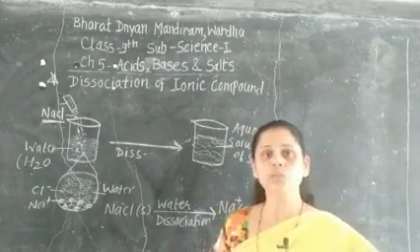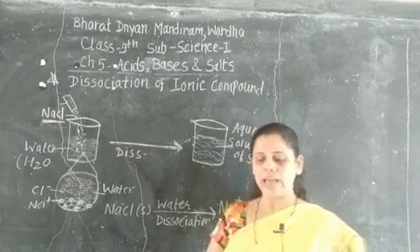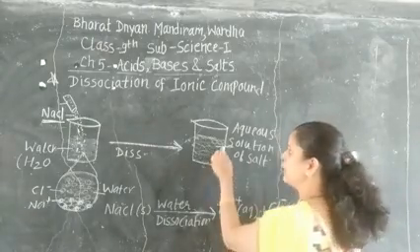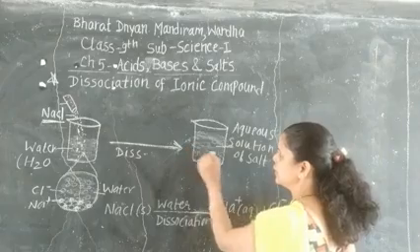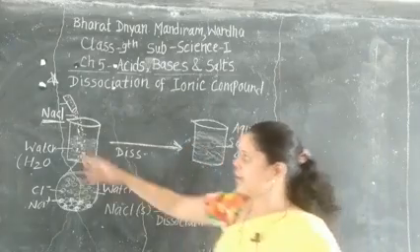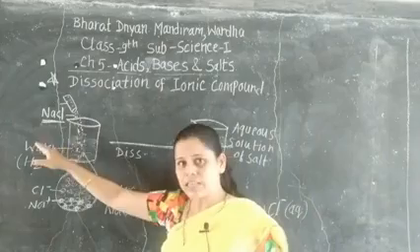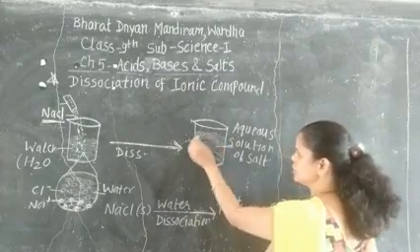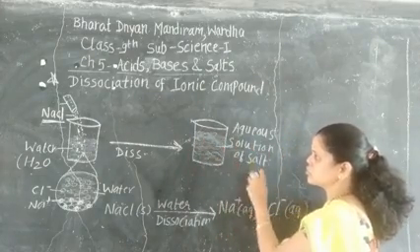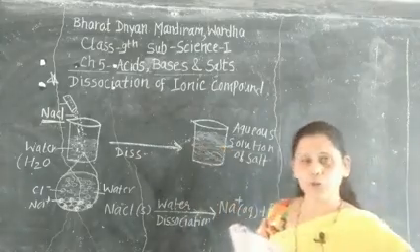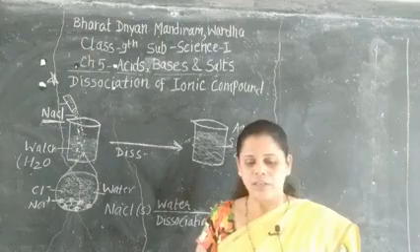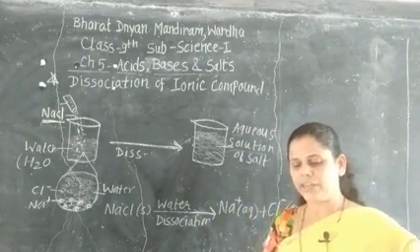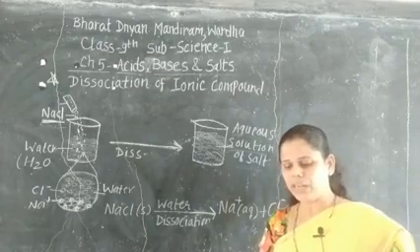Each of the dissociated ions in the aqueous solution is surrounded by water molecules. Each ion, the positive ion, cation, and the anion, is surrounded by water. In this equation, this state is indicated by writing aq, meaning aqueous.